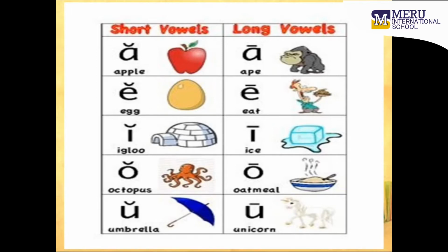Similarly, I in igloo and I in eyes, O in octopus and O in oatmeal, U in umbrella and unicorn. So these are the sounds, and you can find the difference in the sound as long vowels and the short vowels.